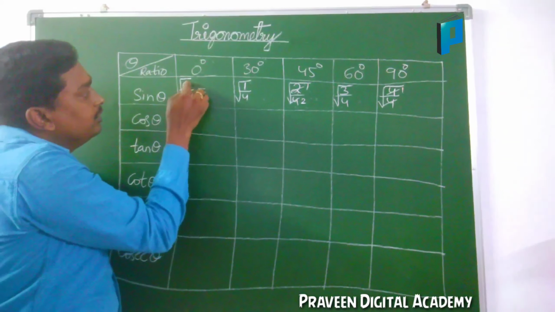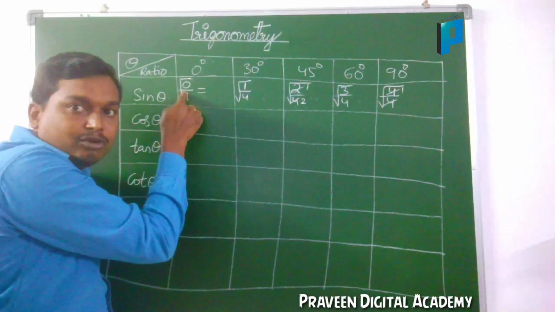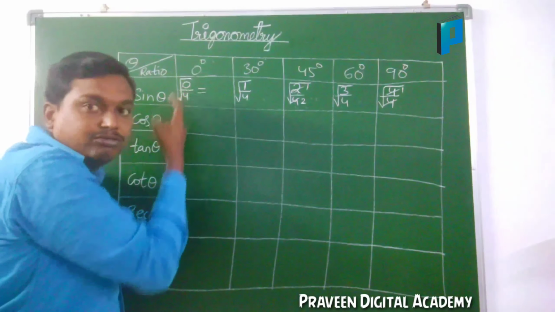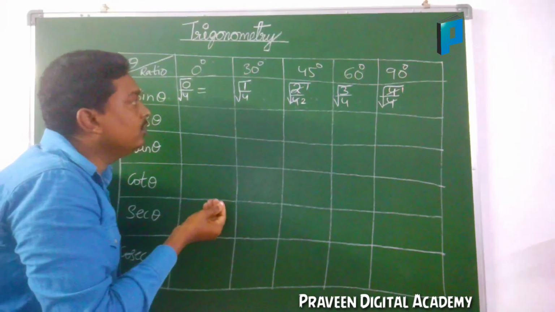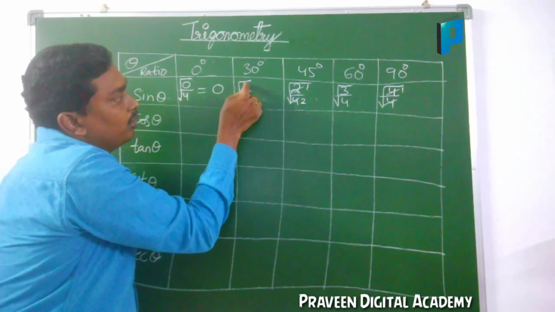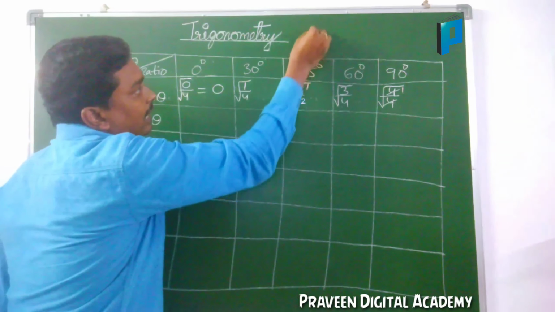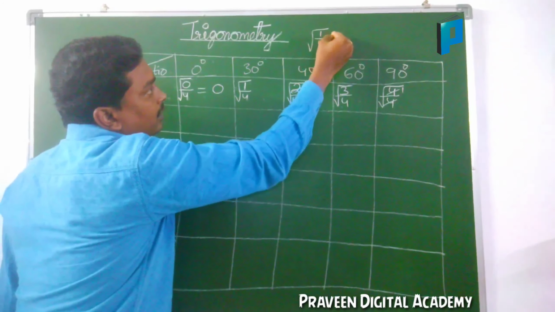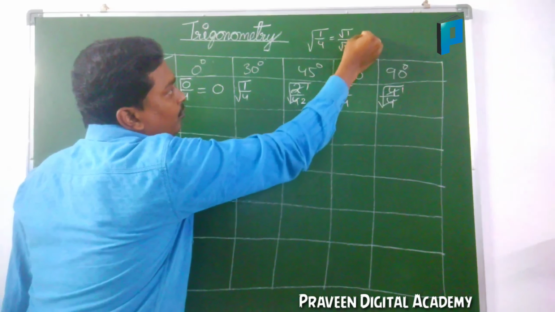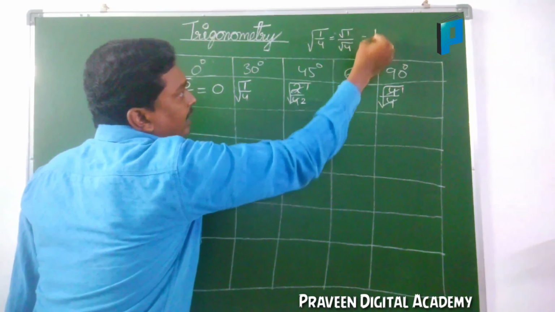Now look here, 0 by 4. What is 0 by 4? 0 by anything is always 0. Under root of 0 is 0 only. Now root 1 by 4 equals root 1 by root 4. What is root 1? Root 1 is 1.